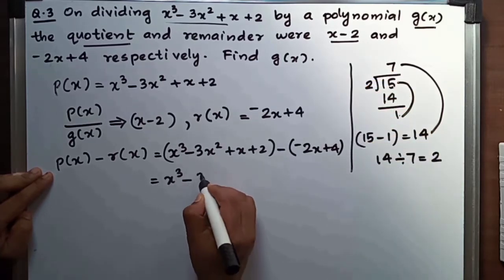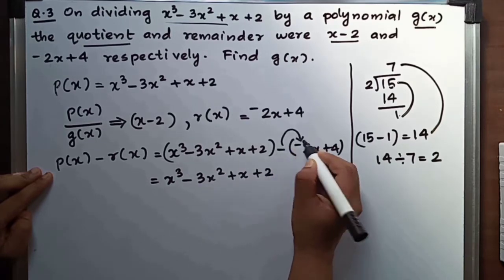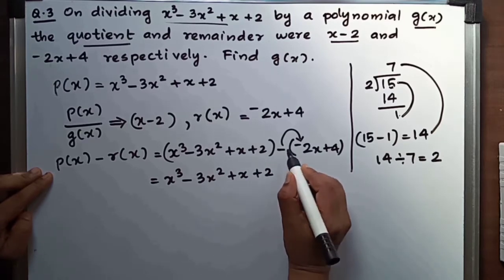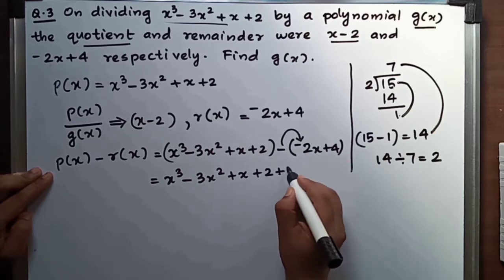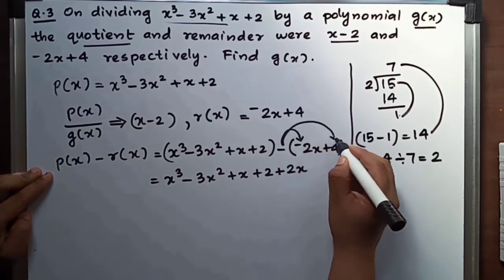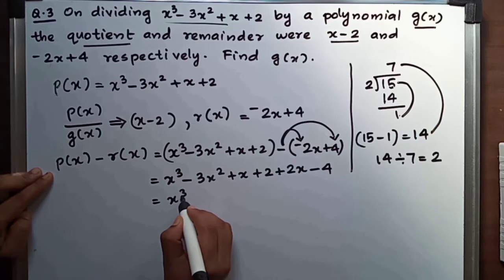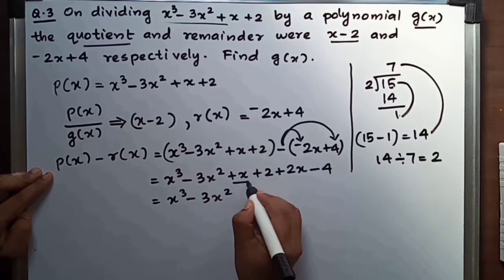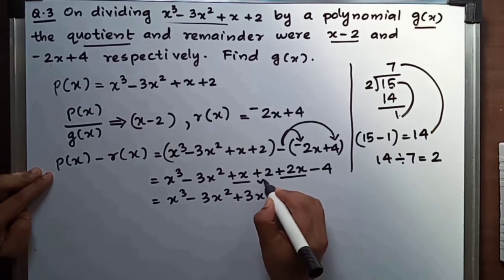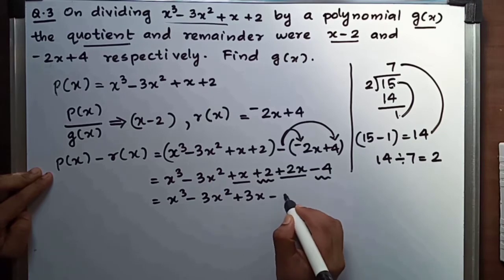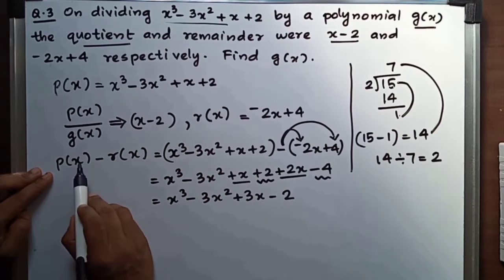Minus of minus 2x is plus 2x, and minus of plus 4 is minus 4. So this is x cube minus 3x square plus x plus 2x, that is plus 3x, plus 2 minus 4, that is minus 2. So we have subtracted the remainder from the given polynomial.